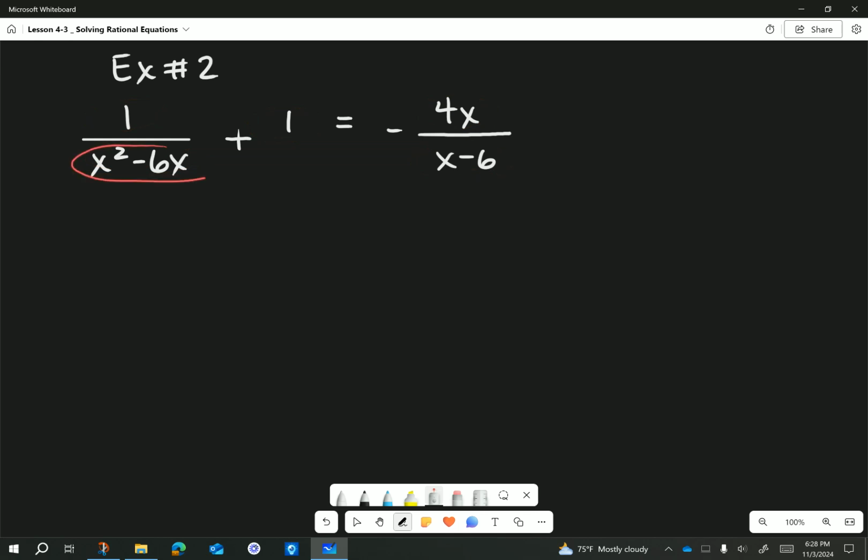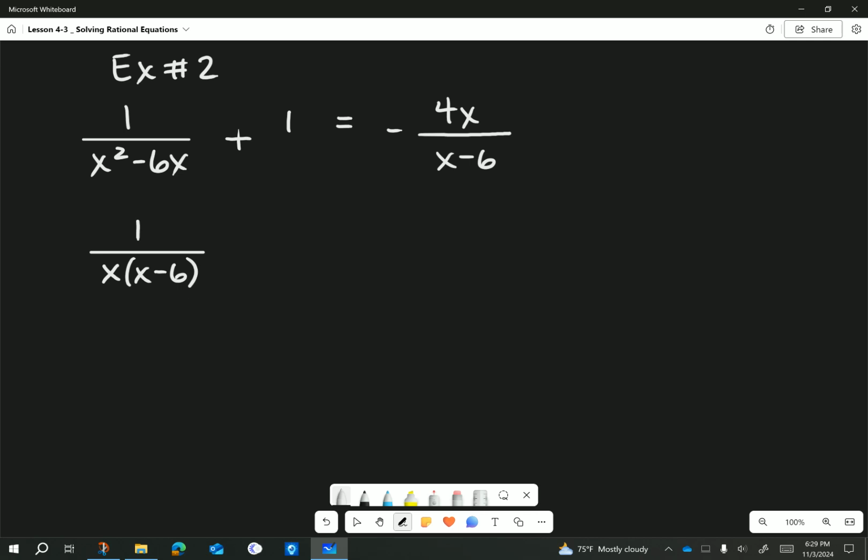And hopefully you are already eyeballing the x squared minus 6x, because especially that 2 sends us a signal of yes, this needs to be factored. And the factoring approach that you would take in this particular problem is the GCF. You will factor out an x, undistribute the x, and you are left with x minus 6.